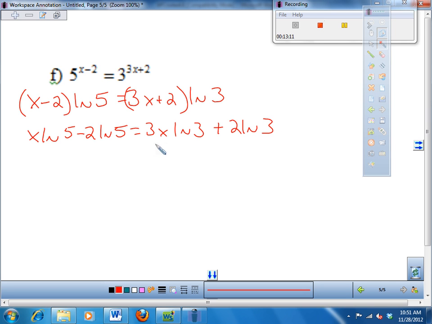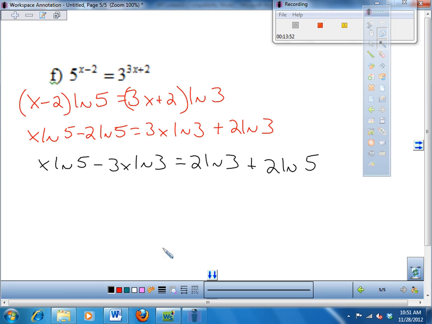And then, kind of what I did before, when we're doing the inverse things, where I have to find the inverse of a rational function, I want to get all the x's, anything that has an x on one side and anything that doesn't have an x on the other side. So now when I do that, I get x natural log of 5 minus 3x natural log of 3 equals 2 natural log of 3, and I'm going to bring this over to this side, plus 2 natural log of 5.